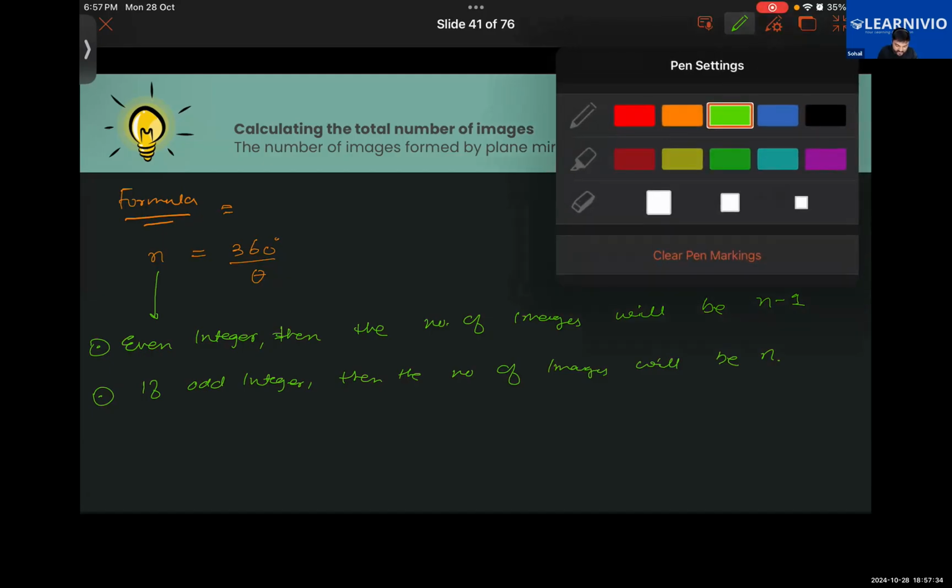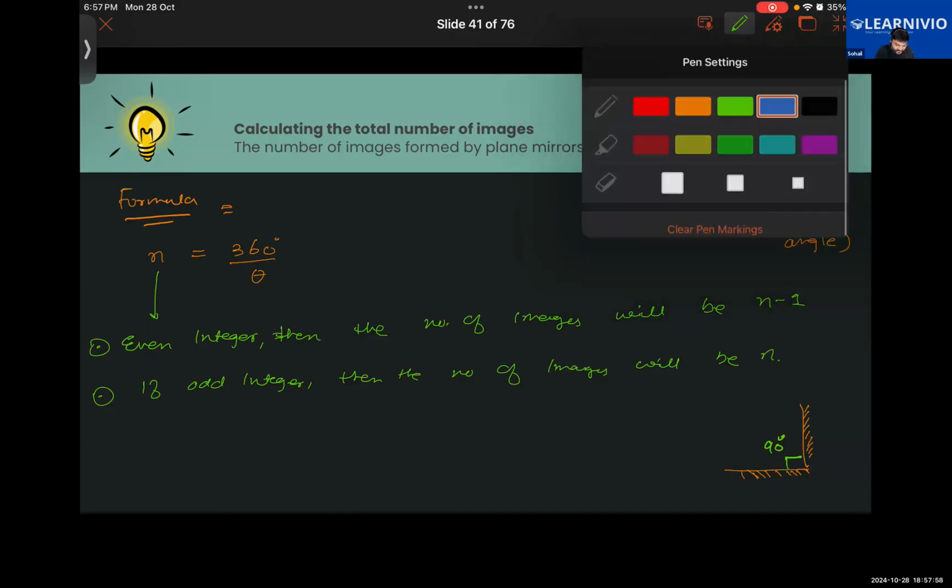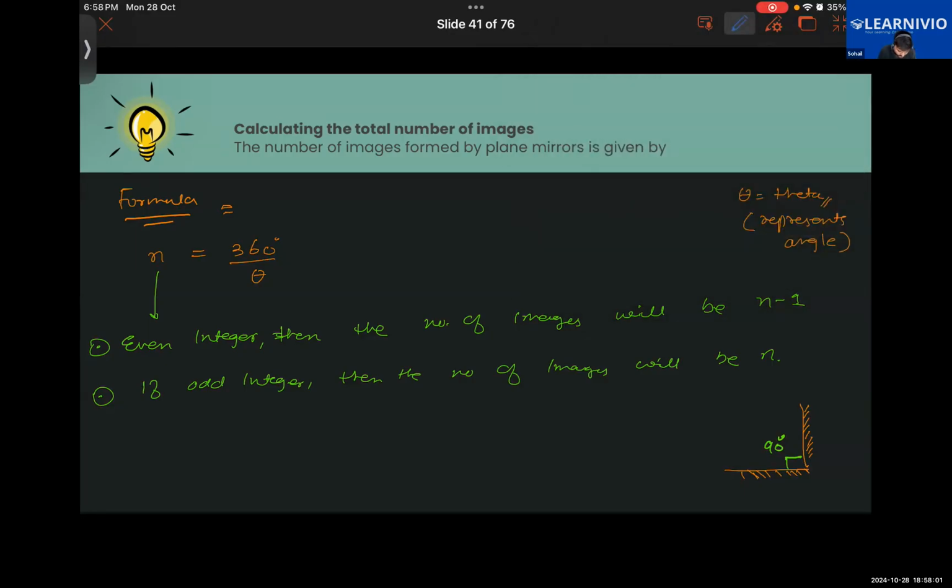Let us consider an example, guys. Let us consider that there are two plane mirrors inclined at an angle of 90 degrees over here. So they are kept perpendicular to each other. n will be calculated in the following manner. n will be 360, and what is the value of theta here? 90 degrees.